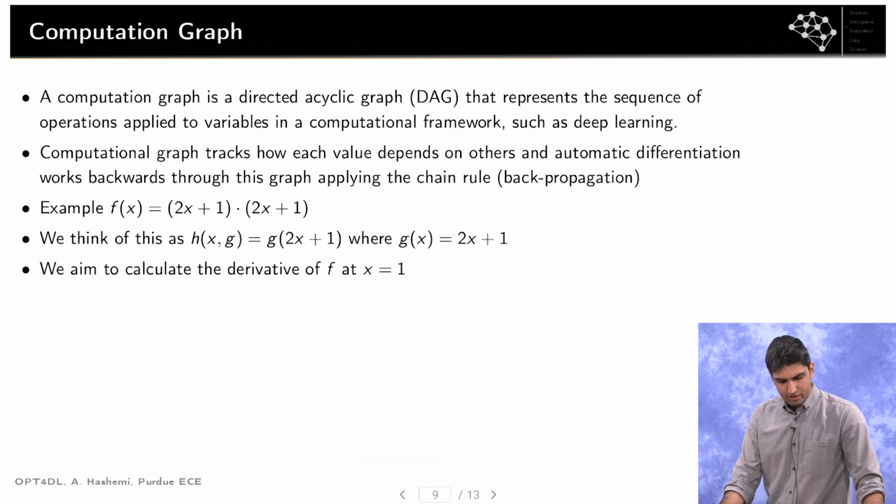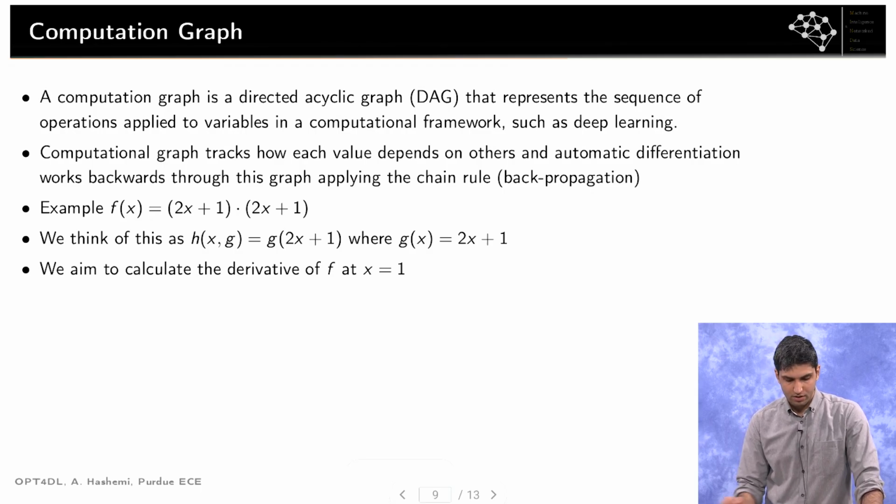Now, in practice, the computation is guided by what we call a computation graph. A computation graph is a directed acyclic graph that represents the sequence of operations applied to variables.